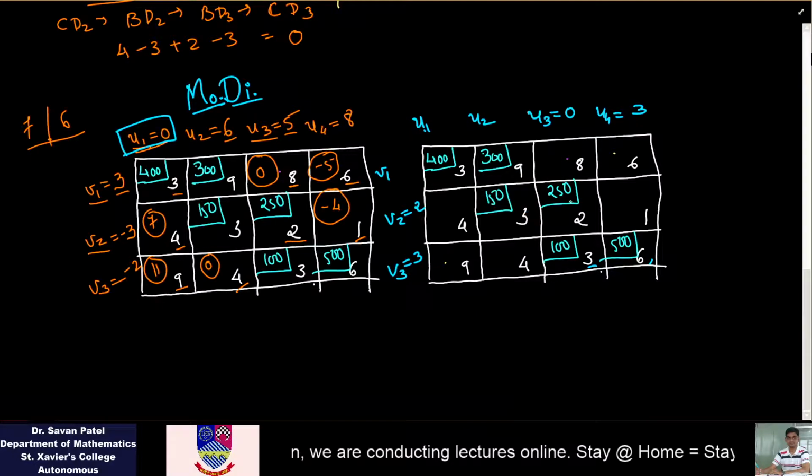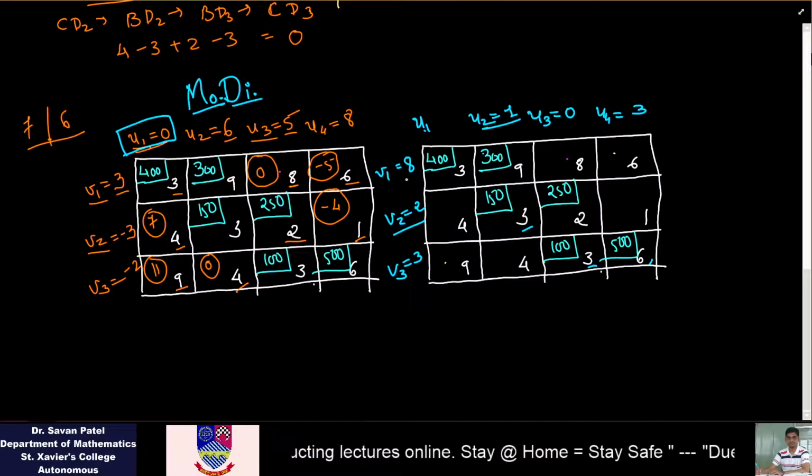Then here this v2 is 2 and here this sum is 3. So here this quantity must be 1 because their sum is 3. If this is 1, then v1 must be 8 because 8 plus 1 must be 9.